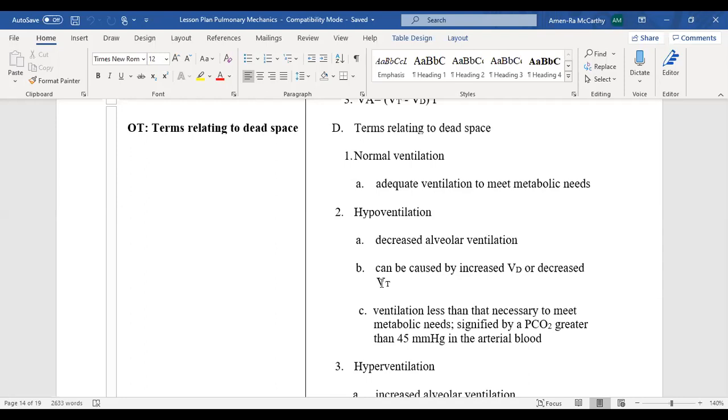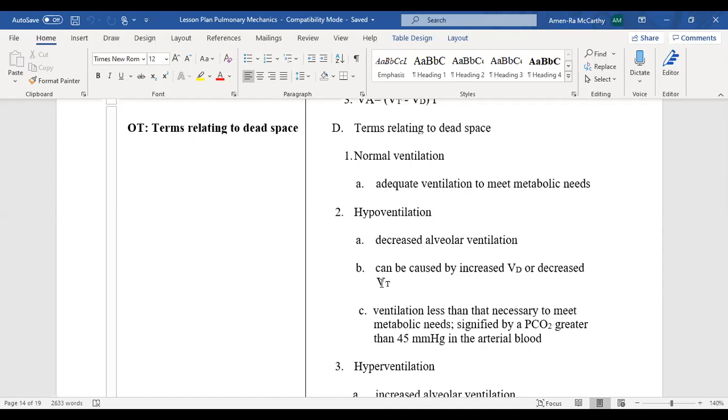Okay? And this is the first part where you get a number to go with your ventilation status. Ventilation less than necessary to meet metabolic demands is signified by a CO2 that is higher than 45 millimeters of mercury in arterial blood. That's how you know if the person is hypoventilating, because their CO2 is higher than it should be.